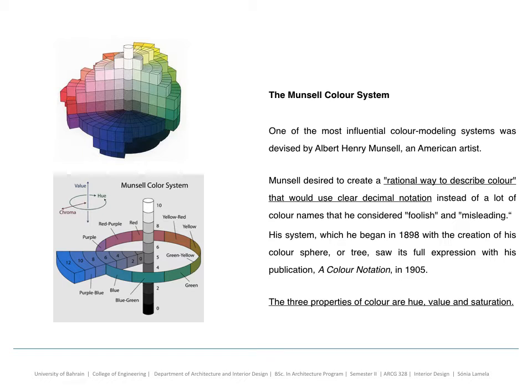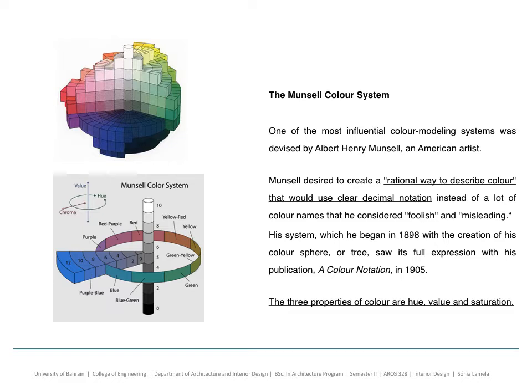And you can see in the gray square that the value can range vertically from 0 to 10, depending on the amount of, let's say, white or gray inside a particular color.